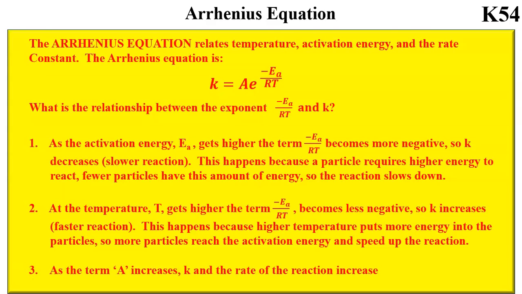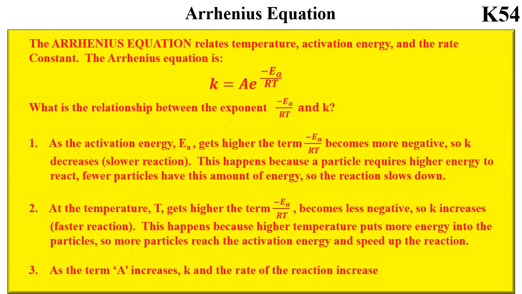Well, if we just take a look at it conceptually without plugging in numbers right now, as the activation energy, EA, gets higher, the term negative EA over RT becomes more negative. So as the numerator of that fraction becomes larger, then that negative term becomes more and more negative. So K decreases, and that gives you a slower reaction.